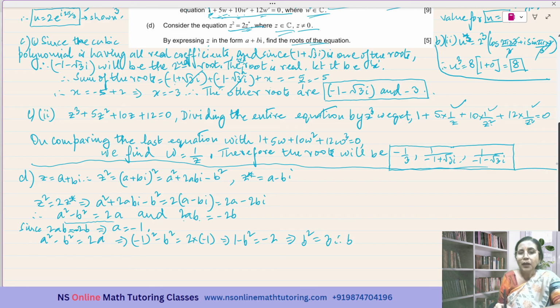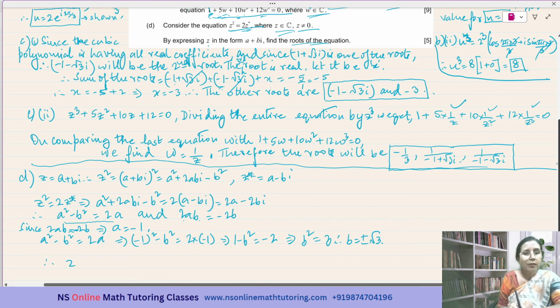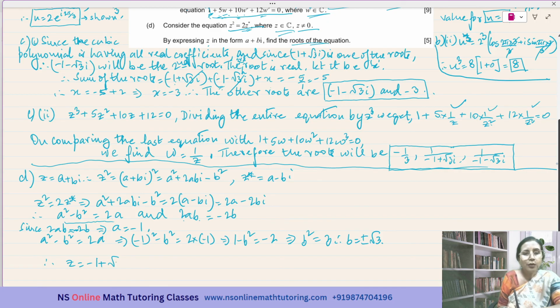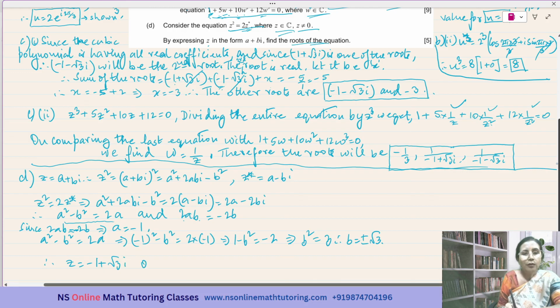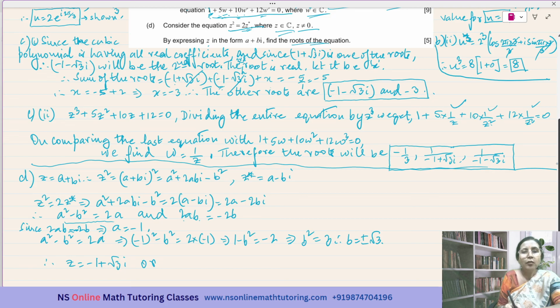Therefore, b is equal to plus minus root 3. Therefore, z is equal to minus 1 plus root 3i, or z is equal to minus 1 minus root 3i.